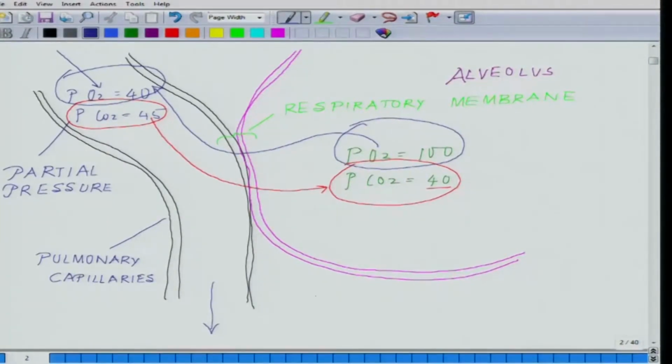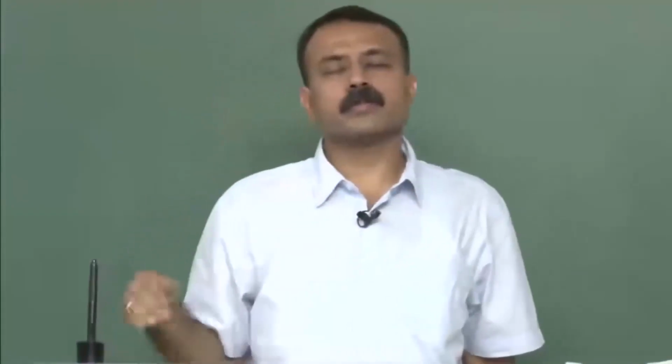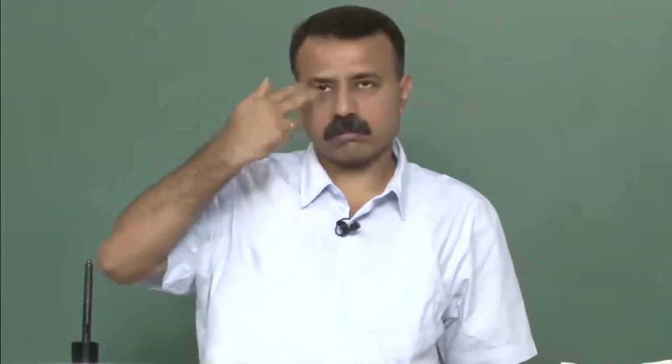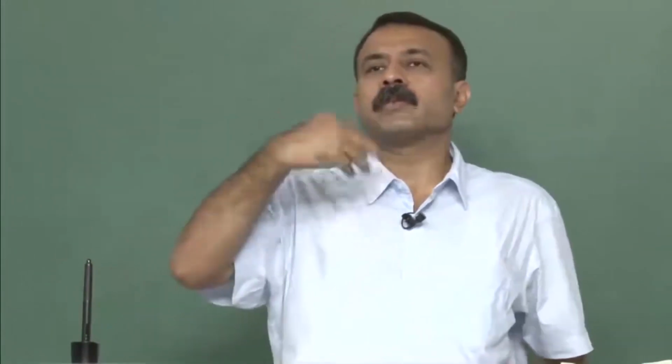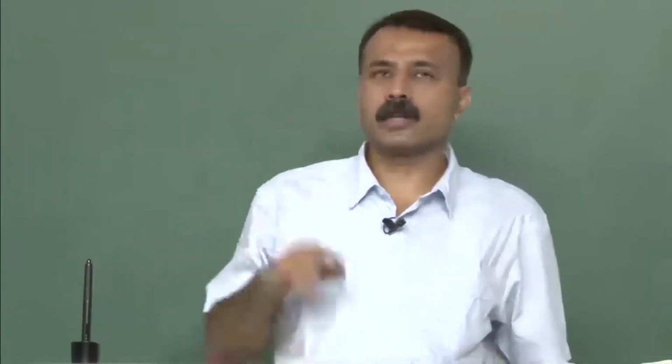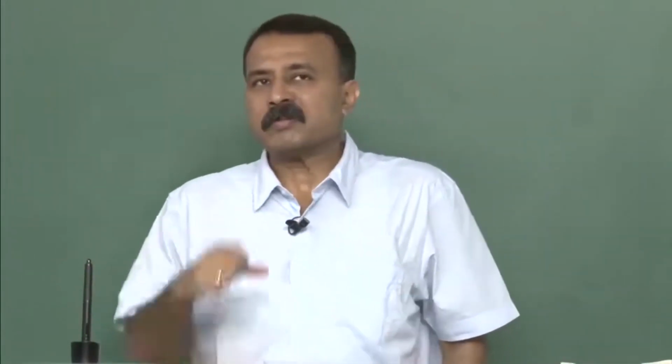So, there are two levels of respiration. This is the external respiration. Whenever we use the word respiration, it immediately comes to mind that this is the exchange of gases, but there are two levels of respiration.